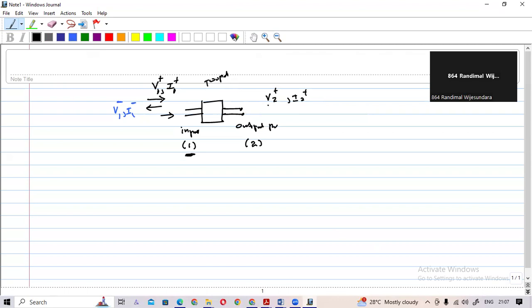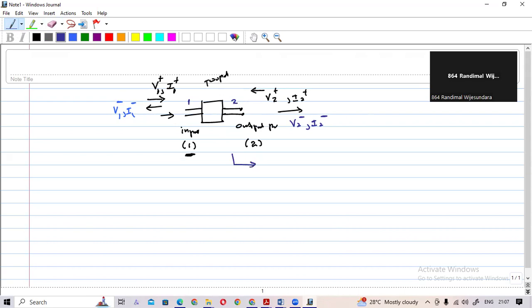These are forwarding voltage and current, and some reflected voltages are there. Reflected voltages are V2 minus, I2 minus. Okay. So there are four voltage and four current values. So this is port 1 and port 2.